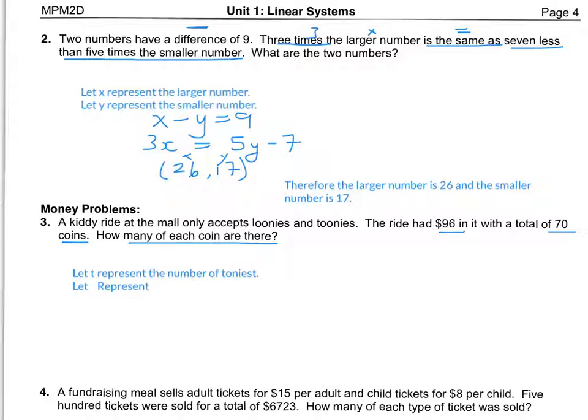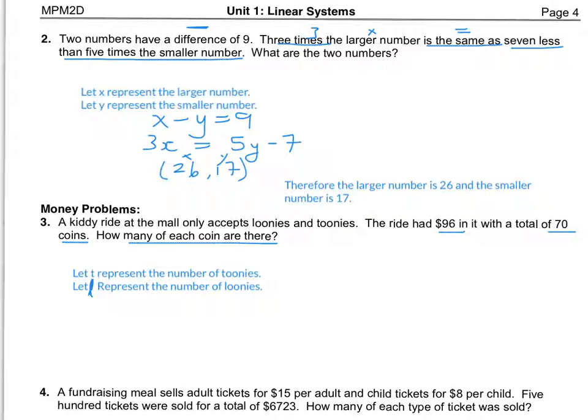Represent the number of loonies. I love autocorrect. I just noticed that they called it the tooniest. I'm not sure if I actually typed it correctly or whether it was autocorrect, but it's the number of toonies. There you go. I think it autocorrected. All right, so let L, and I'm going to do a cursive letter L in there, so that it doesn't look like a number 1.